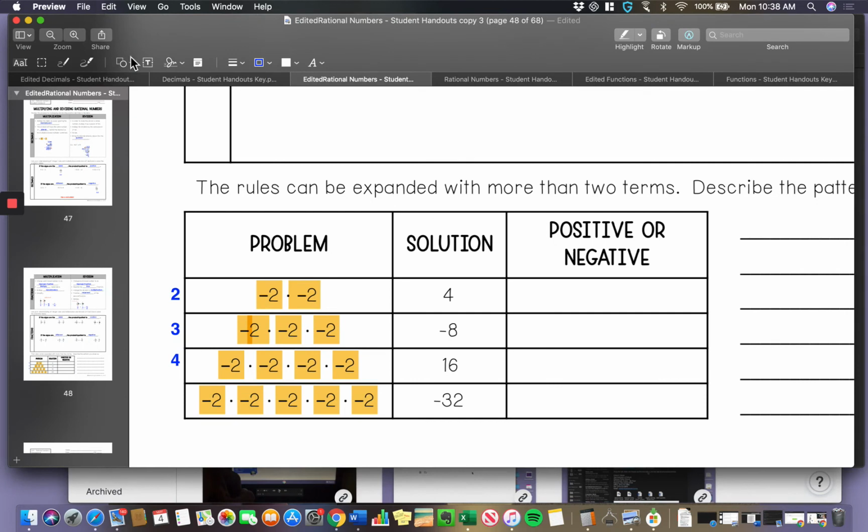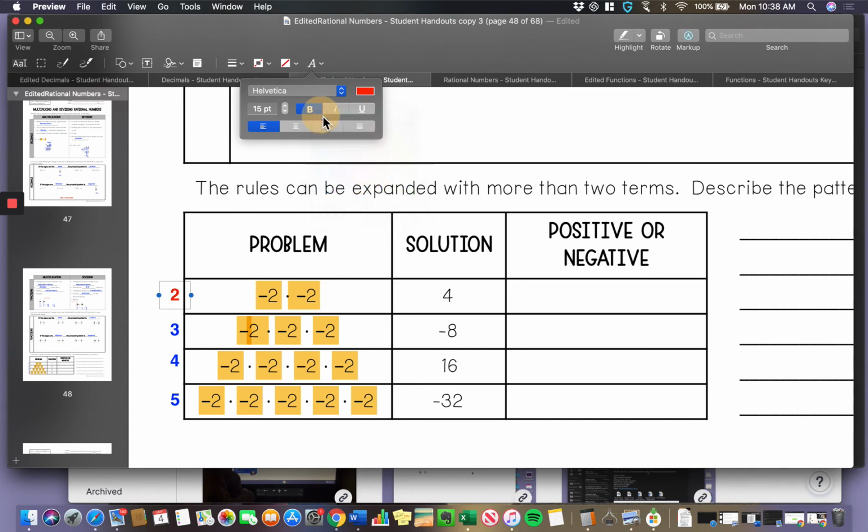All right, and this one had five terms. My even numbers, when you count by twos. So, 2 is an even number. 4 is an even number.